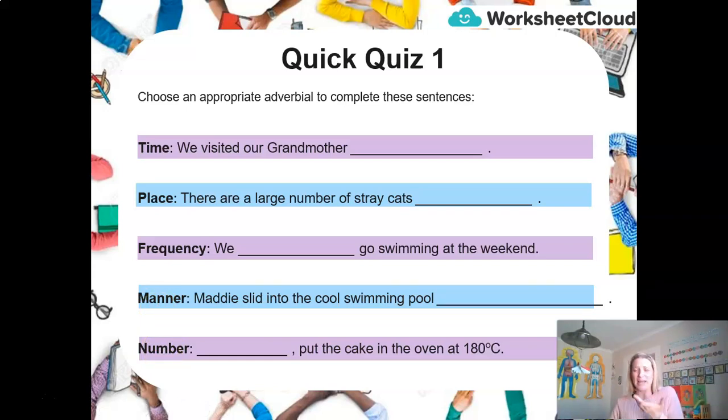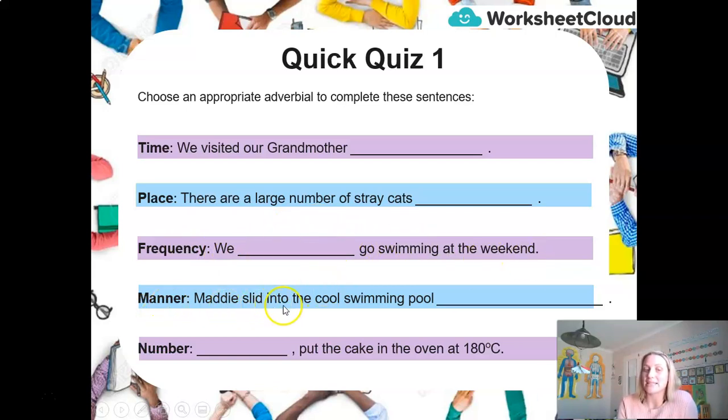I can't remember now off the top of my head if I wrote adverbials for all of them or if some were adverbs. So time: we visited our grandmother when? Place: there are a large number of stray cats. Where? Frequency: we. How often? Go swimming at the weekend.